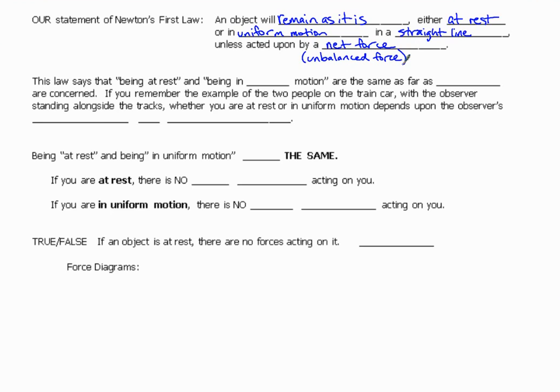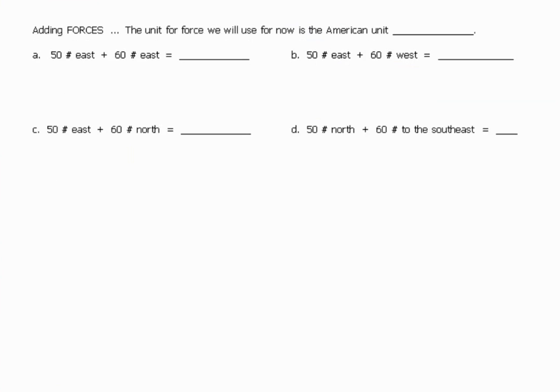So, real quick, let's flip back to page 2. And you should have this filled in, adding forces, part A and part B. We said that this one was a 110-pound beast. This is the force.